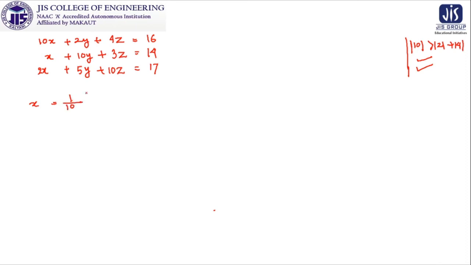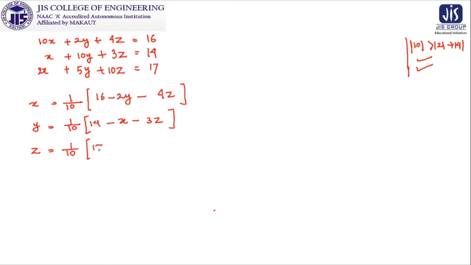So what I am writing: x is equal to 1 by 10 times (16 minus 2y minus 4z), y is equal to 1 by 10 times (14 minus x minus 3z), and z is equal to 1 by 10 times (17 minus 2x minus 5y).